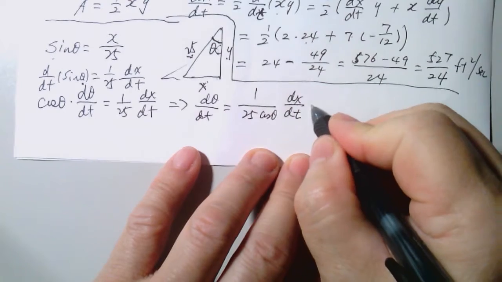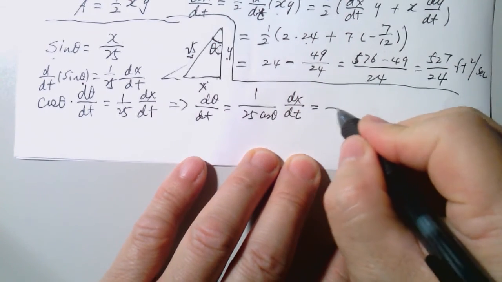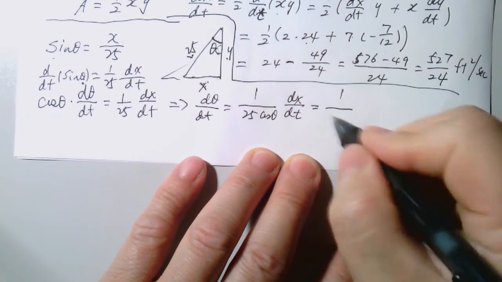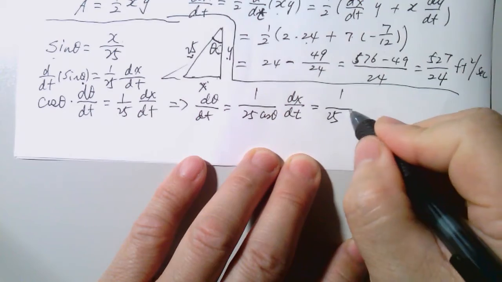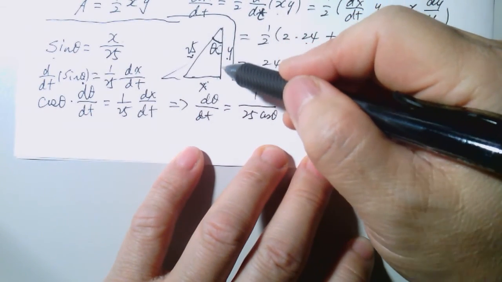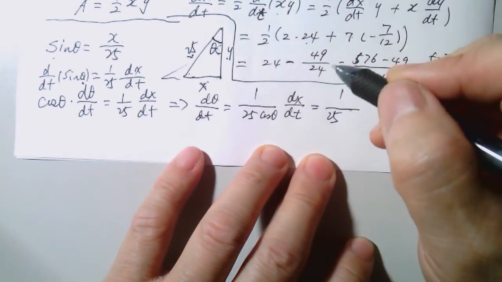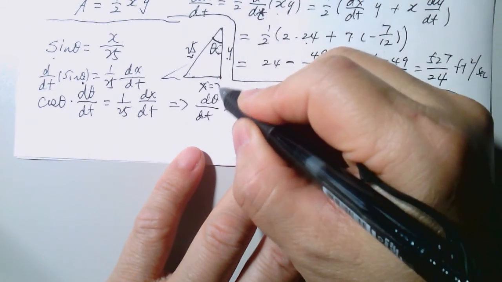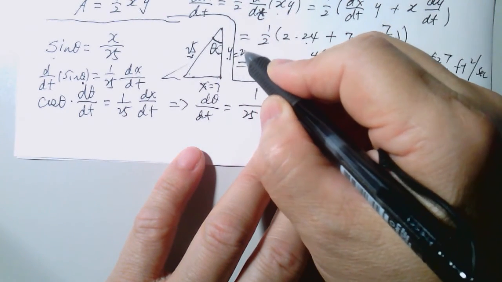So now, all I need is to plug in. I got 25 cosine theta. Cosine theta is adjacent divided by hypotenuse. When x equals 7, we already know y is 24.